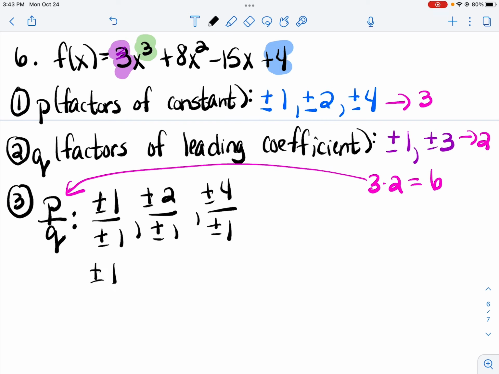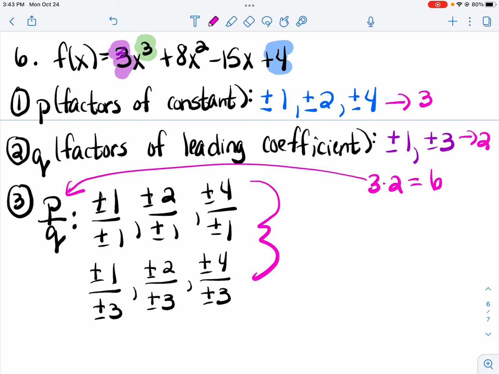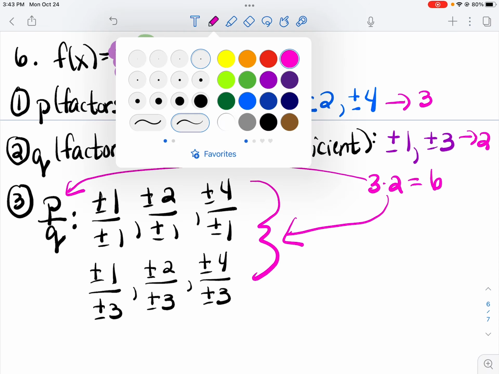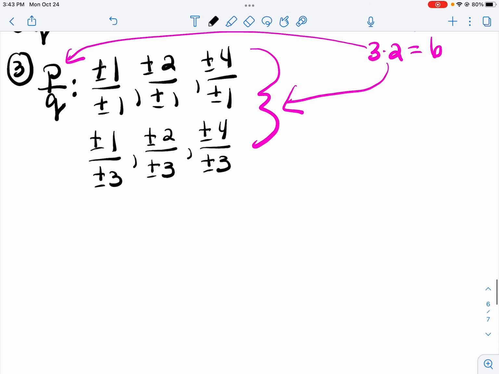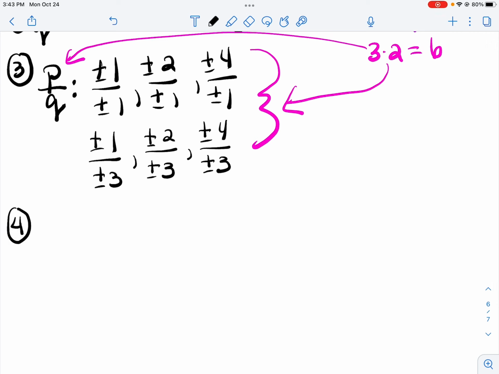And then we have 1 over 3, 2 over 3, and 4 over 3. And notice we do have 6 different P's over Q's. Simplify each of these to find the possible rational zeros.